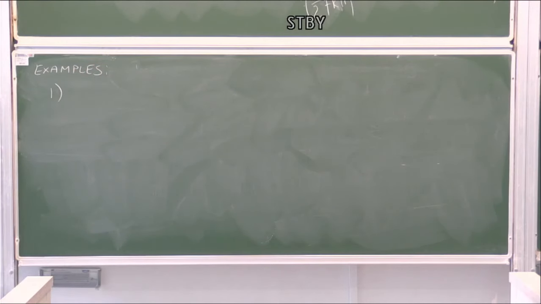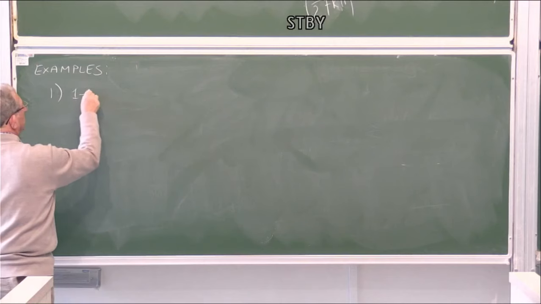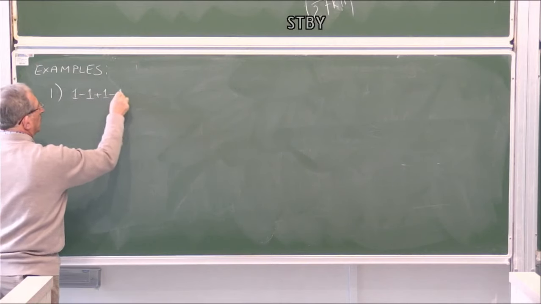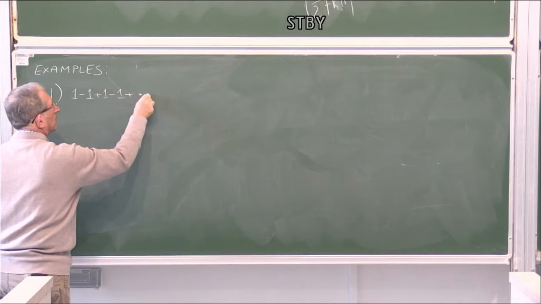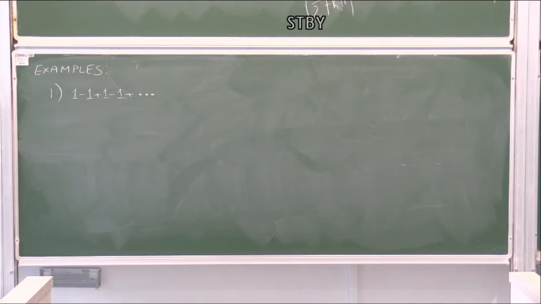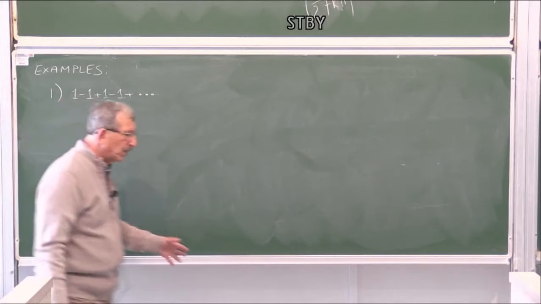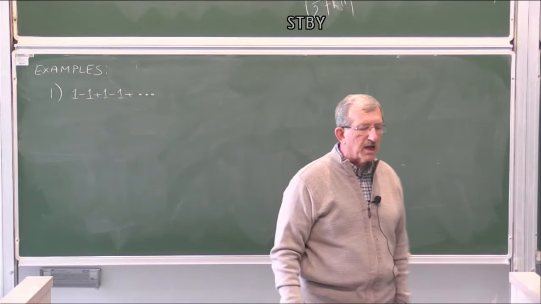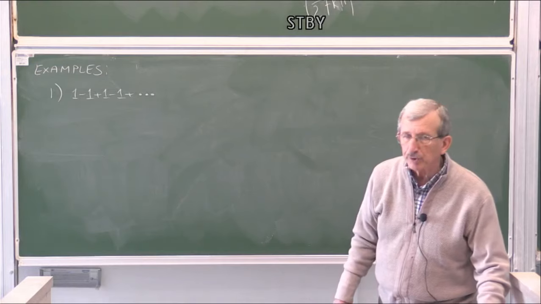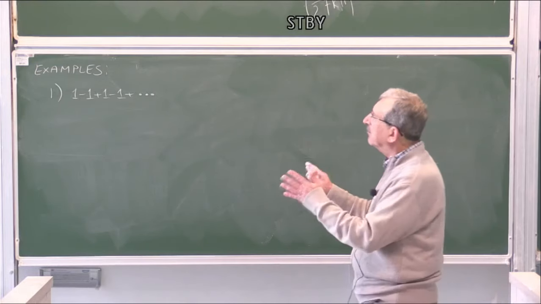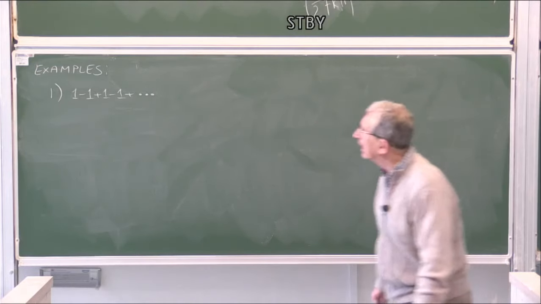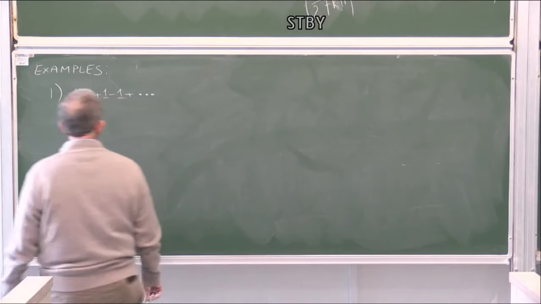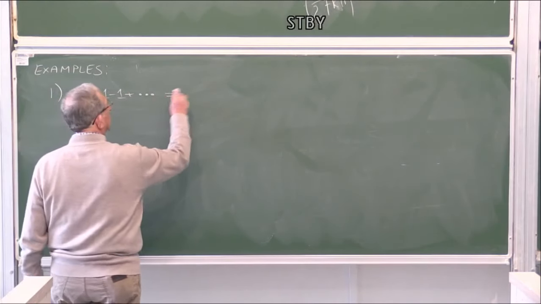My first example will be the series we considered before. Calculating S_n explicitly, we showed that it does not have a limit, and so the infinite sum was divergent. That means such a limit does not exist. Now here, we can write this in infinite sum form.